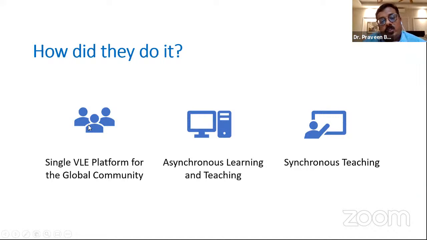Primarily, we focused on three things, which I have shown here. The first one is to have a single virtual learning environment platform for the global community. We basically used the Blackboard platform.